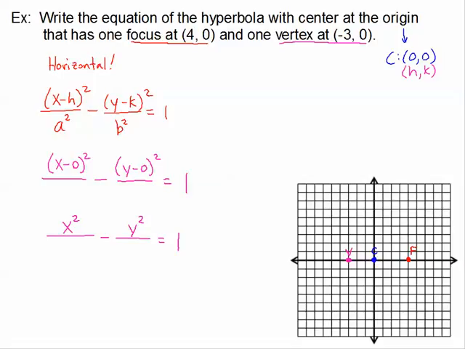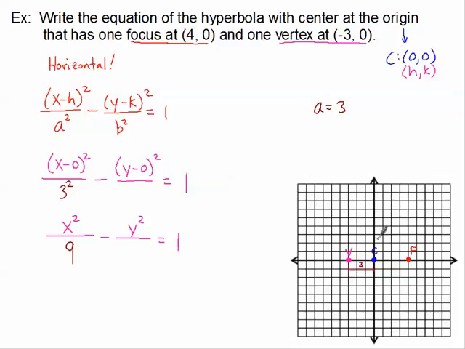From my graph, I know that a is the distance from the center to the vertex. It doesn't matter if I'm going in the positive or negative direction, we're always just taking the absolute value. And that distance here is 3 units. So that means that a is 3. I'm going to go ahead and square that and put that into our standard form, so I'll have 9 underneath that. So we're almost done. We just have the b squared that we need.